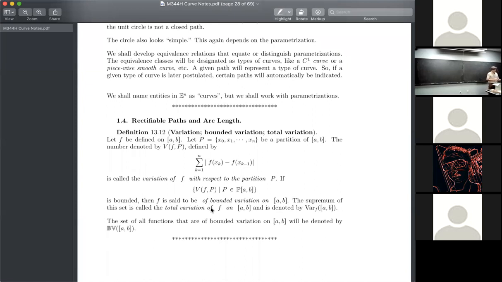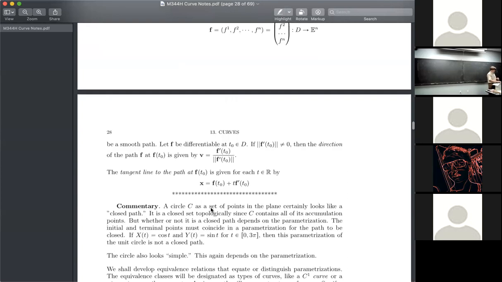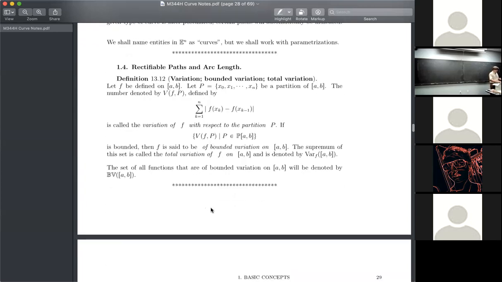Anyway, what if the curve is not differentiable? So there's no derivatives involved here, okay? Or what about things at a corner? Corners are where you generally kind of think there may be some derivative problems, okay? Well, we need to talk about something called rectifiable curves. And this is on the notes, it's on page 28.